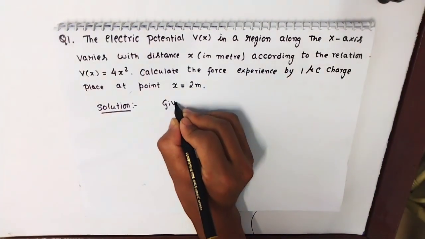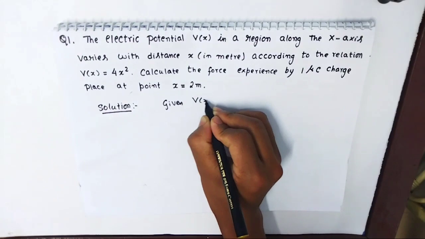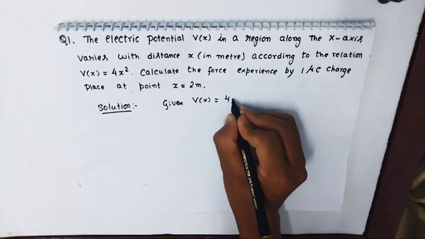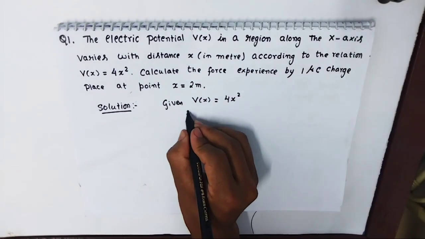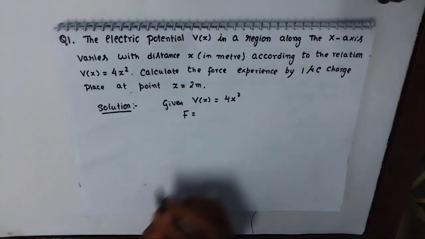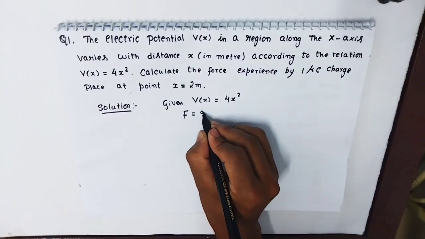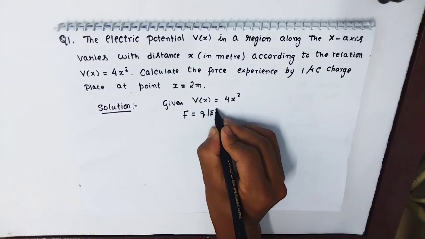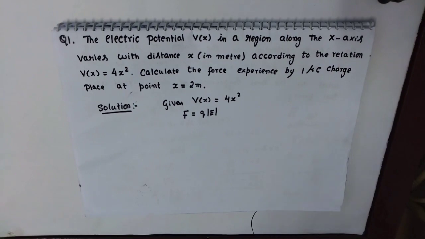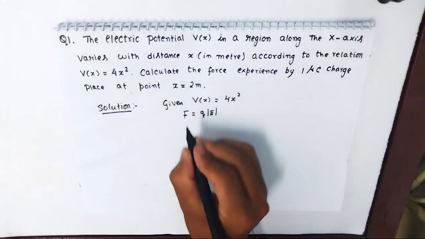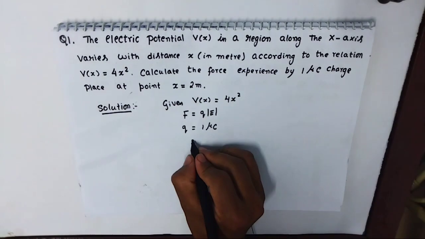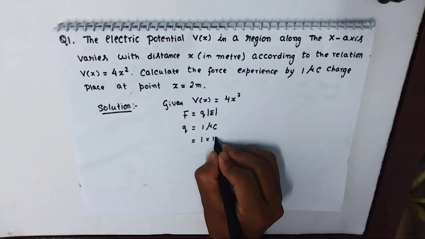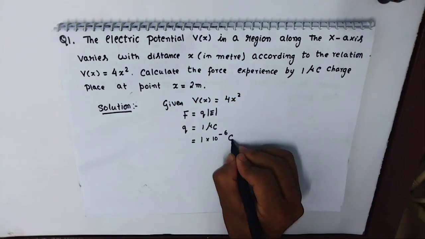Solution: given Vx is equal to 4x squared. What we have to calculate is the force, that is, F is equal to QE. It is also given that Q is equal to 1 microcoulomb, so this is equal to 1 into 10 to the power minus 6 coulomb.